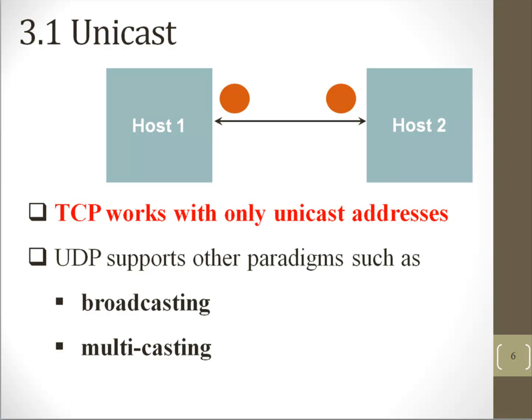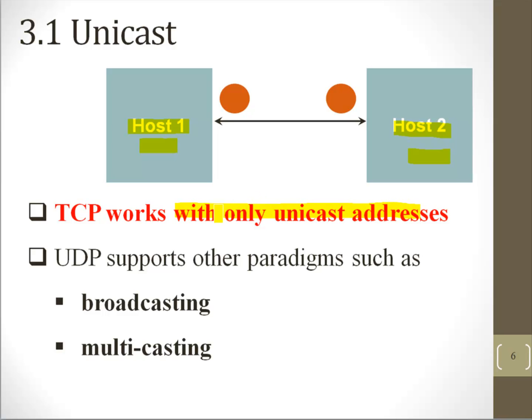Moving on to unicast. In unicast, you can see the diagram. One sender, that means a single source, and one destination will be there. So we say 1-to-1. The source is 1, the destination is 1, so it is a 1-to-1 communication. TCP works only with unicast.